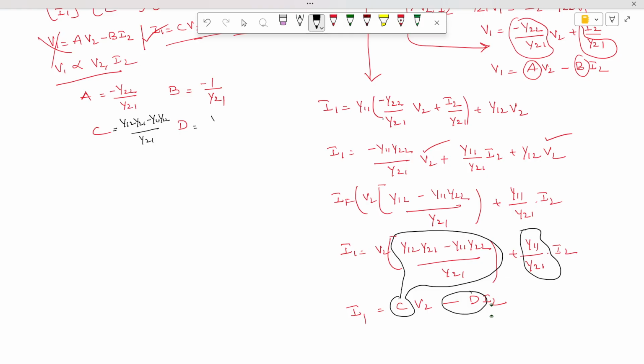The value of D is equal to minus Y11 divided by Y21. Okay, so this is the resultant value we are going to get while we solve here. Since negative polarity is there, just reverse it, nothing to worry. This is the expression we are going to get.